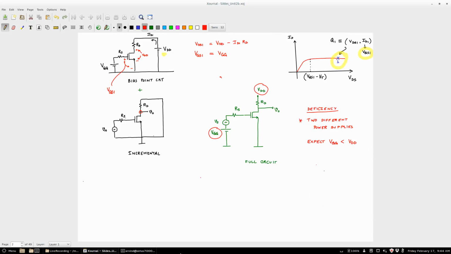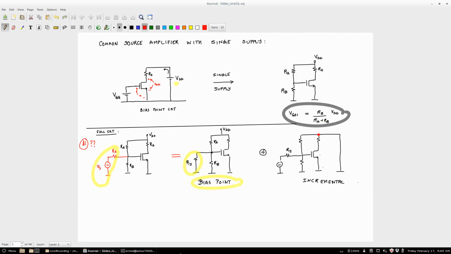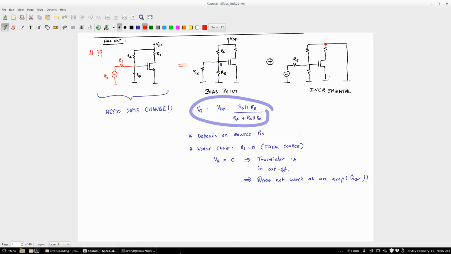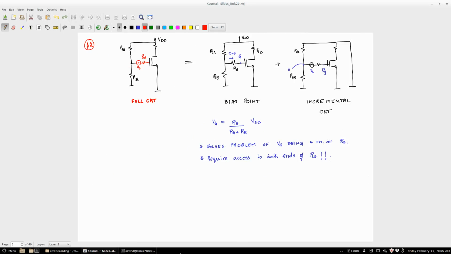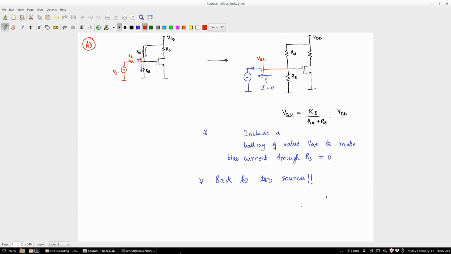So that brings us to the end of the common source amplifier. Just to quickly recap, it's about 15 days of work, 20 days of work. We started off with how to analyze an incremental circuit, right? Then we looked at the bias point circuit.